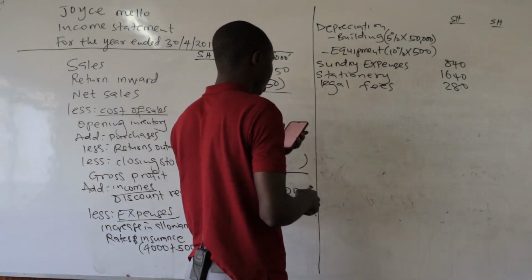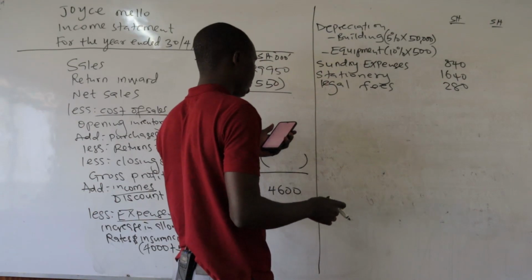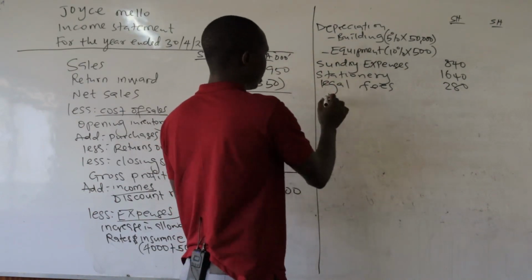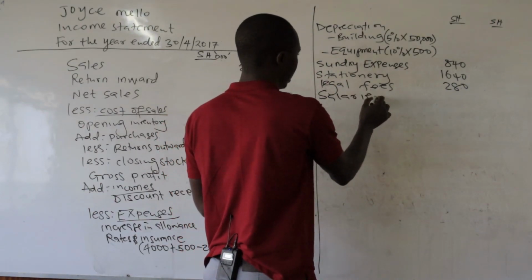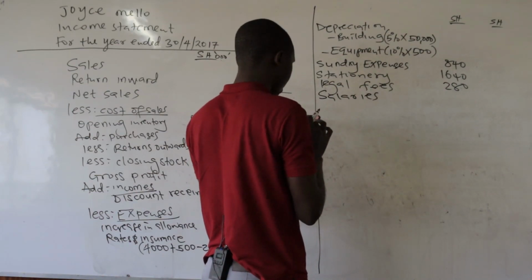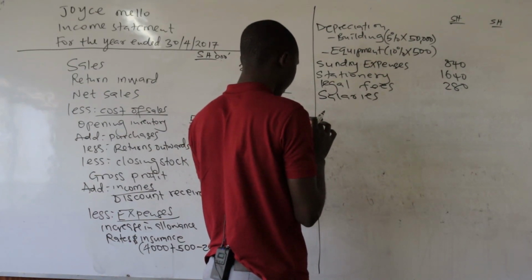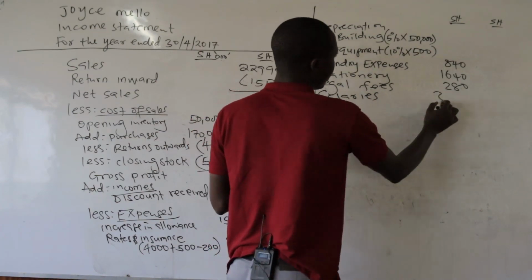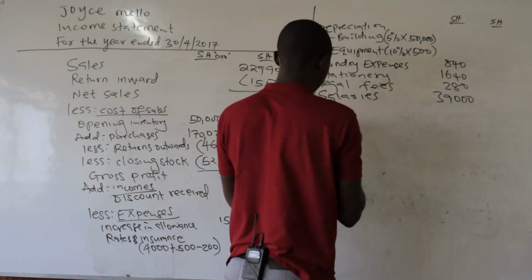in the income statement. Increase being an expense, decrease being an income. So we have salaries. So I'm recording what we have not recorded from the trial balance.